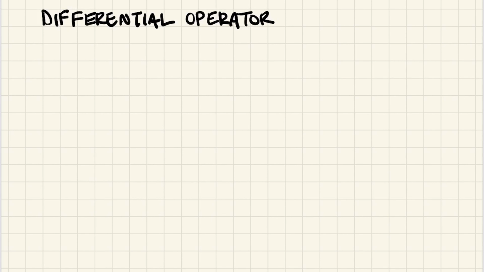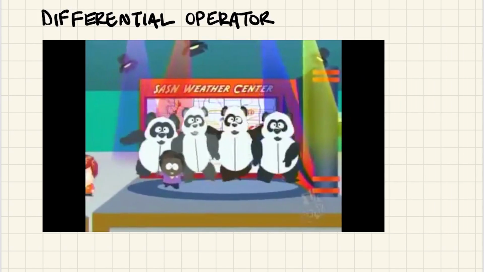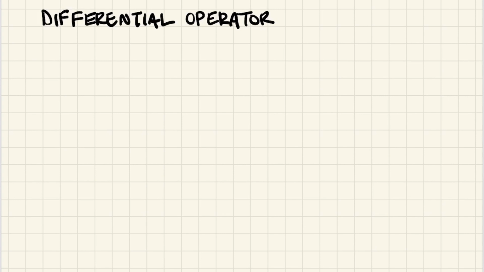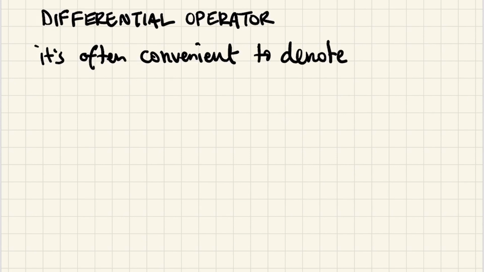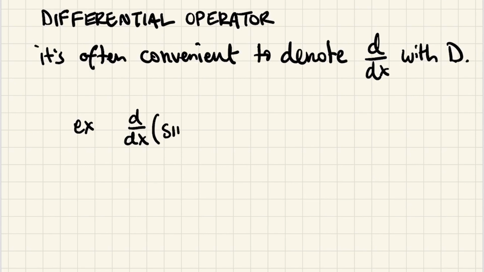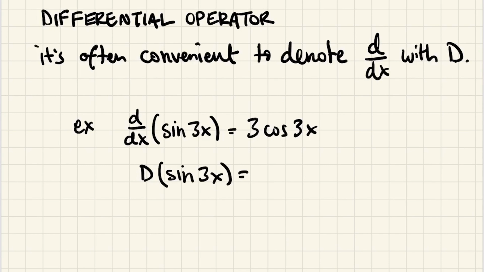Okay, time for a brief notational interlude. I'm going to introduce something called the differential operator. It's often convenient to denote d dx with simply a capital D. So for example, instead of saying that the derivative of sine of 3x is 3 cosine of 3x, you could say D of sine 3x is 3 cosine of 3x.